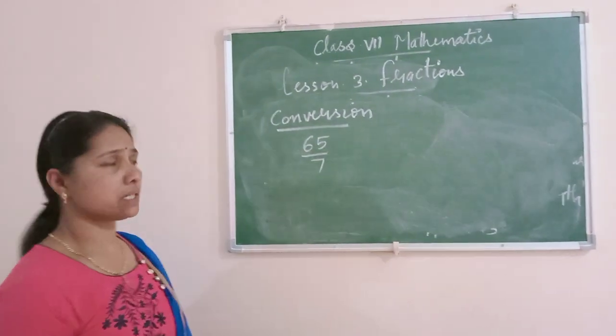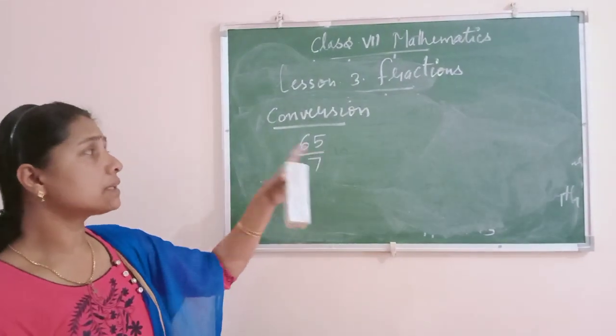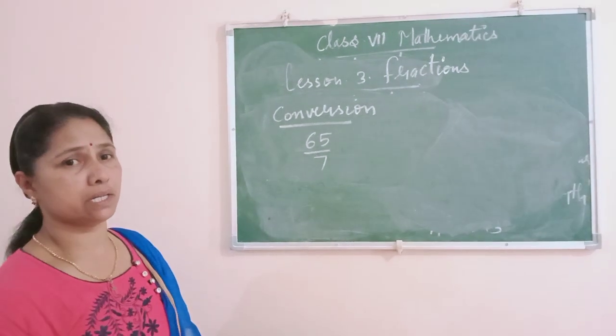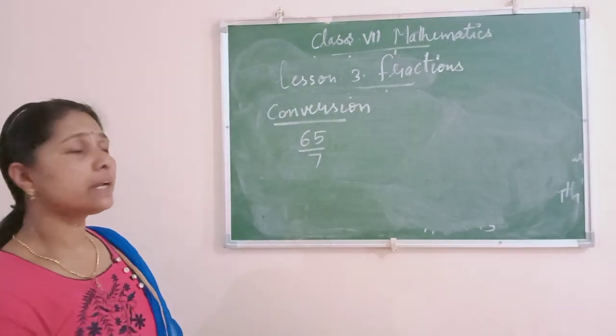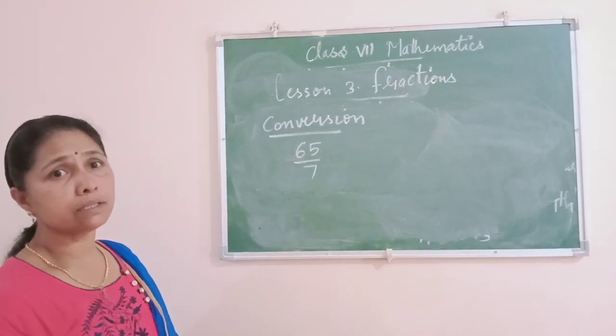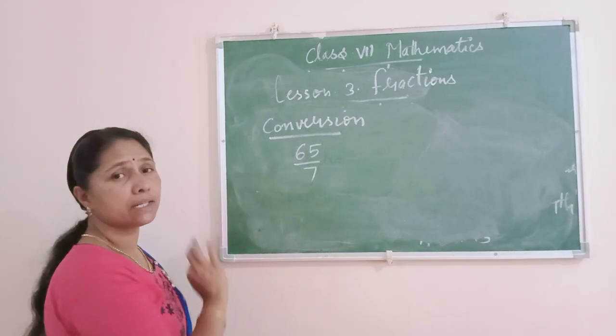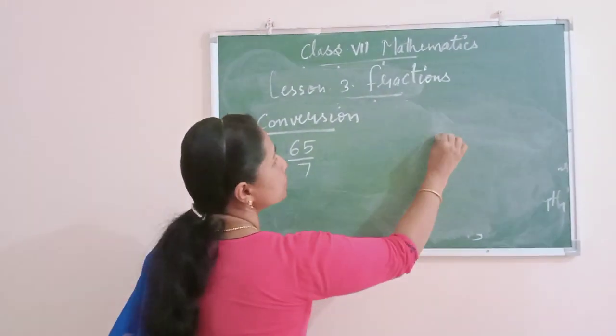It is an improper fraction, the numerator is greater than denominator 7. So for converting this improper into mixed fraction, you have to just divide the numerator by its denominator and find the quotient and the remainder. So let's see how to do.